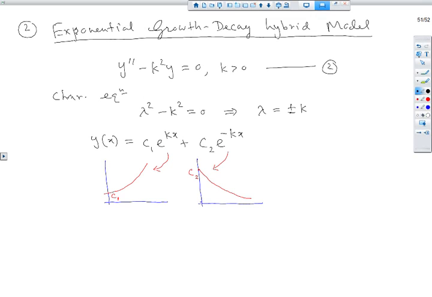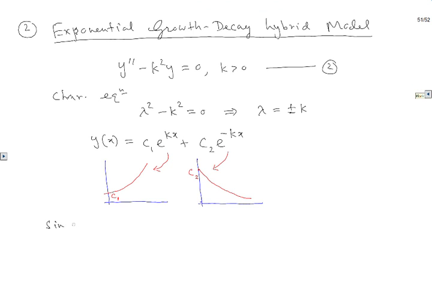For example, we know that the hyperbolic cosine x is equal to e to the x plus e to the minus x over 2, and hyperbolic sine x is equal to e to the x minus e to the minus x over 2.